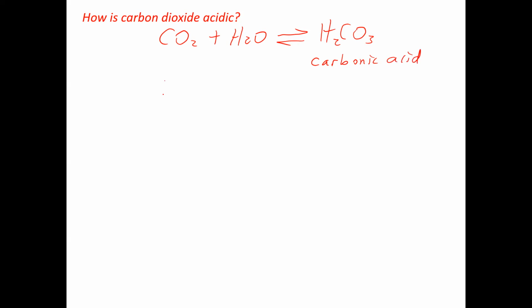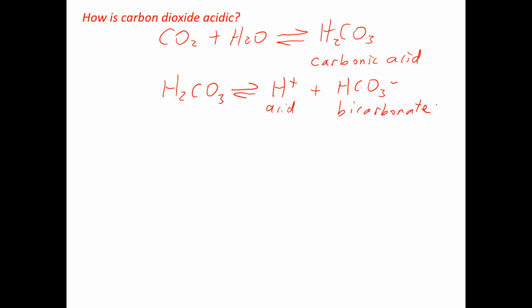When carbonic acid is in solution, it dissociates, and we get our protons, and of course that is acid. And we get bicarbonate. Technically, you could call it your conjugate base, but we're just going to call it bicarbonate.